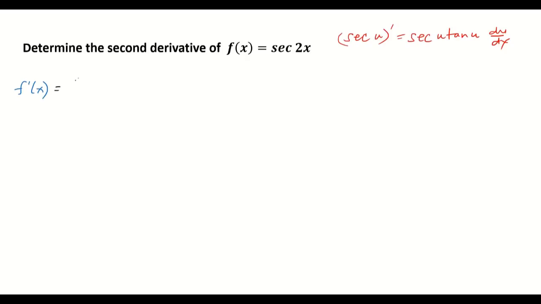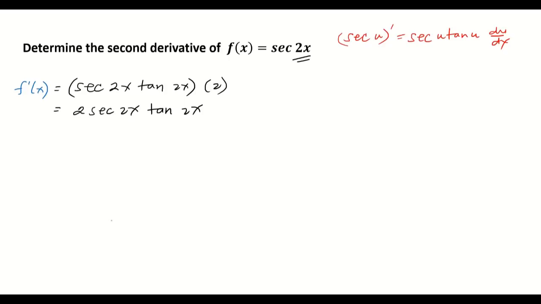Our u is 2x. So we have secant of 2x times tangent of 2x, and then the derivative of 2x is 2. Therefore, our first derivative is 2 secant 2x times tangent 2x.